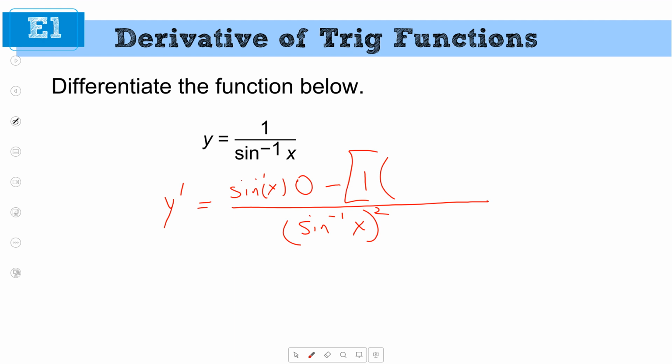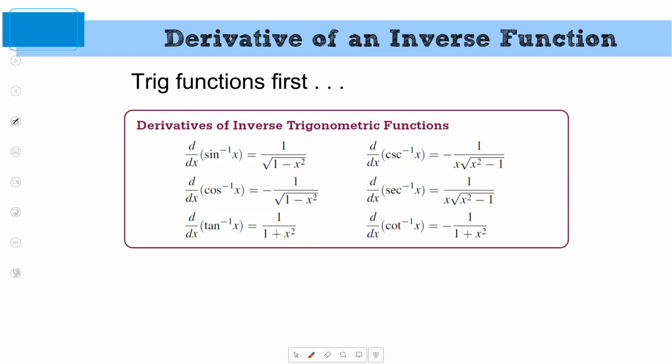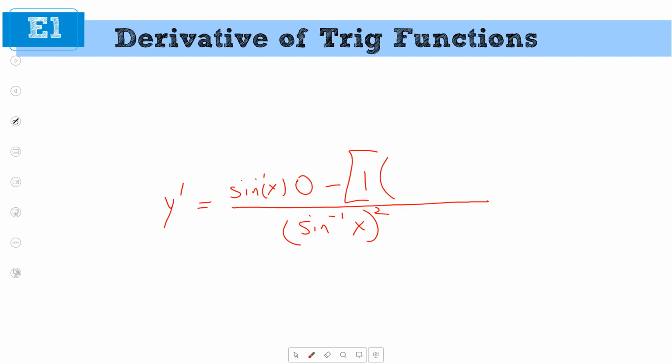Well, what's the derivative of the inverse sine of x? You go back to the little chart, and the derivative of the inverse sine of x is 1 over the square root of 1 minus x squared.